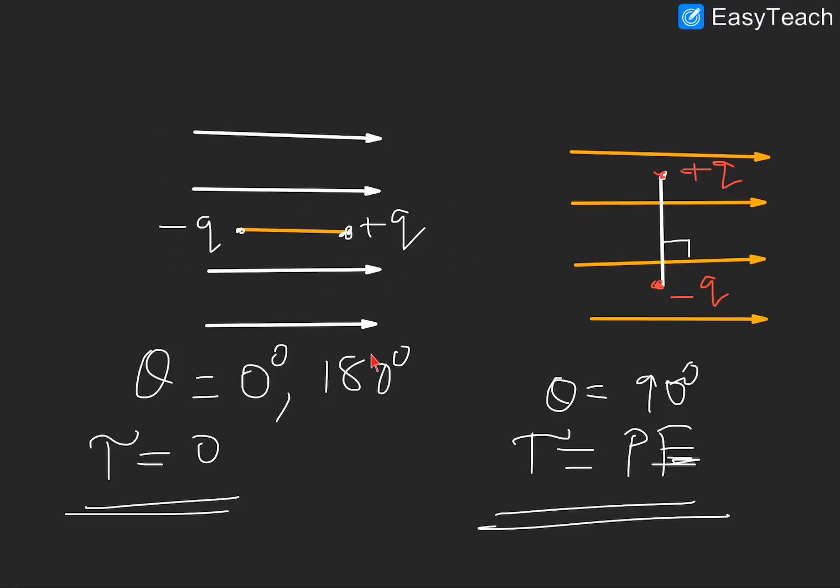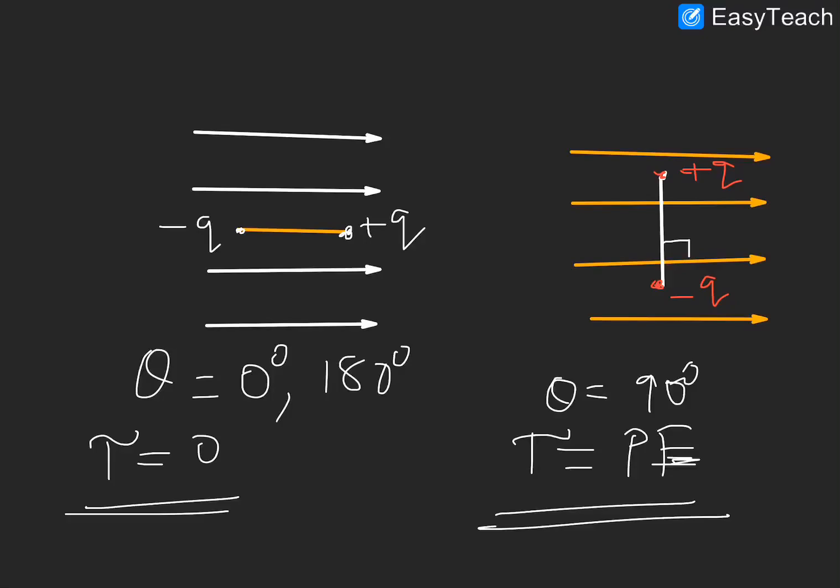And in between this configuration and this configuration, any other configuration will also rotate, but not this much rotational force. This is the maximum rotational force and this is the minimum rotational force case. In between there will be rotation, not up to this one, but there will be rotation when theta is not 0 or 90.